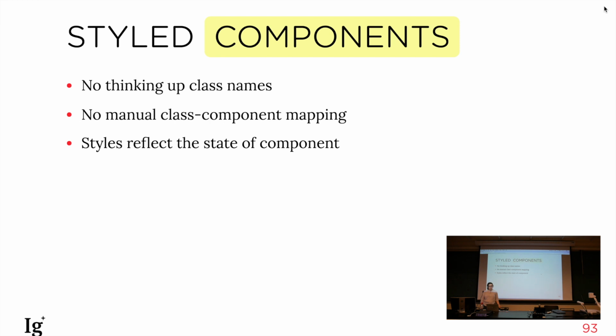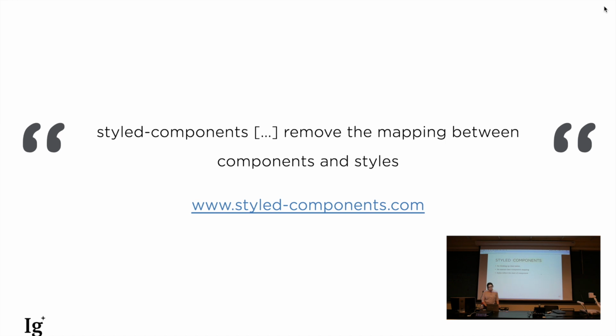Now, with styled components, you don't have to think about class names, and you don't need any manual class component mapping, which makes everything really very fast and makes you focus on the proper thing. And the good thing is that styles reflect the state of components. It's again an additional possibility which you keep in mind when architecting the whole application, and it might lead you to nicer architectural solutions.